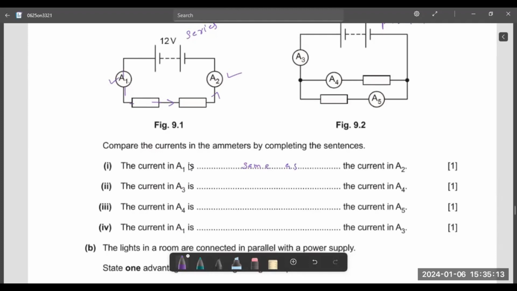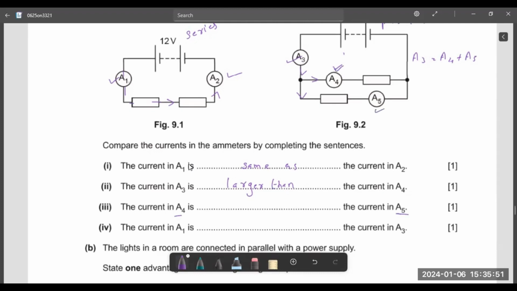Next, the current in A3. This is A3, and the current in A4. We can see here the A3 current is being split into two. So A3 is equal to current A4 plus current A5. So A3 will always be larger than A4. Next, current A4 and A5.